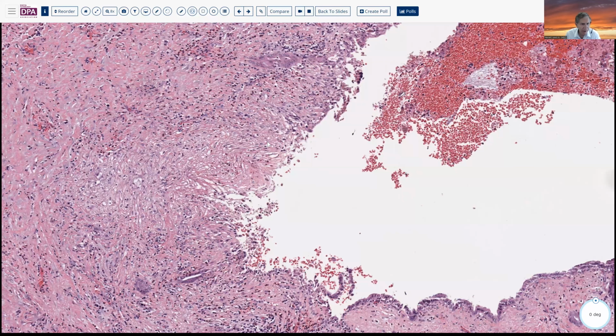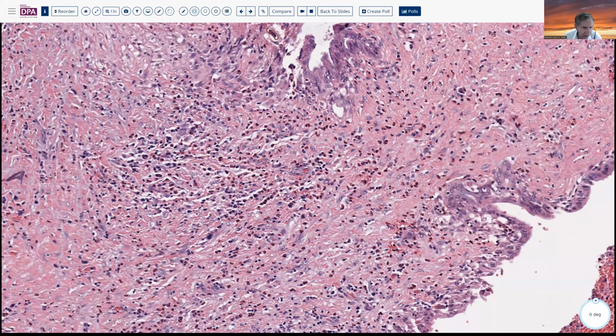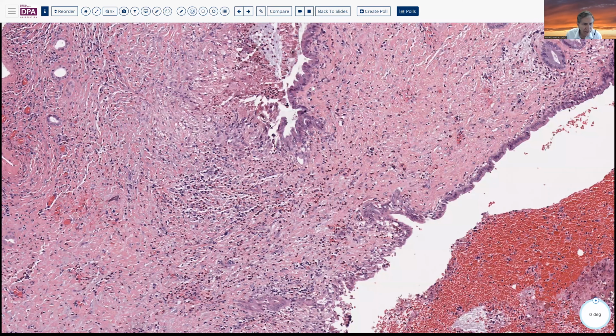And here a degree of a little bit more epithelial atypia accompanying this, along with these areas that show a significant eosinophilic component to the inflammatory process, perhaps underscoring the nature of the changes that we're seeing secondary to these eggs that you can make out here in greater numbers.